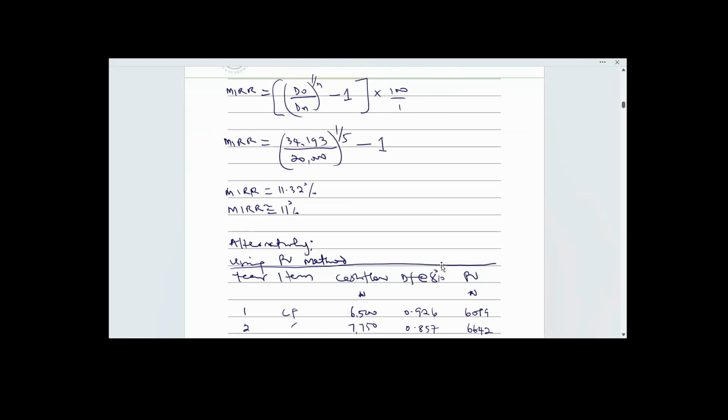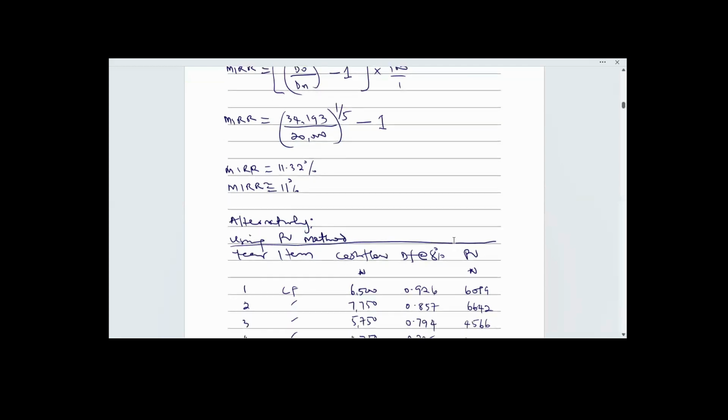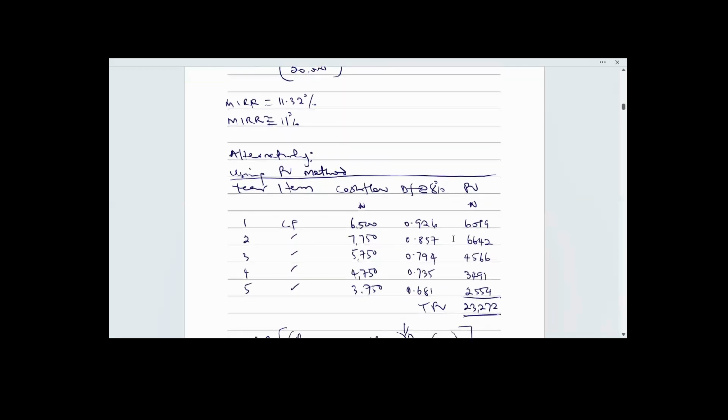Using present value method, there are 3 steps that you are going to carry out. The first step is to calculate the present value of cash inflow, only cash inflows, using the company cost of capital or reinvestment rate.